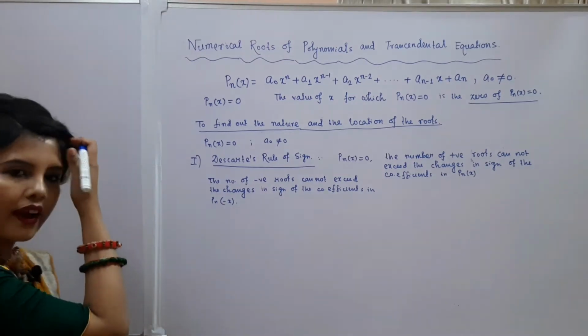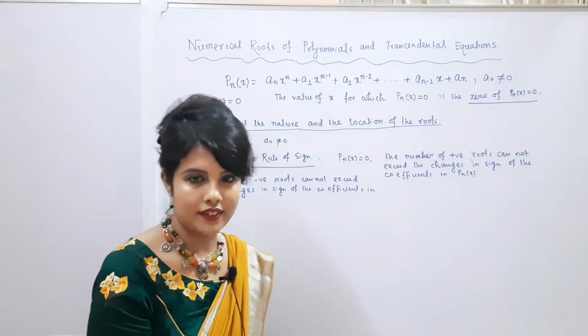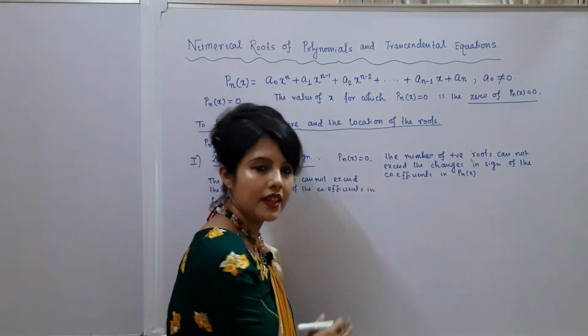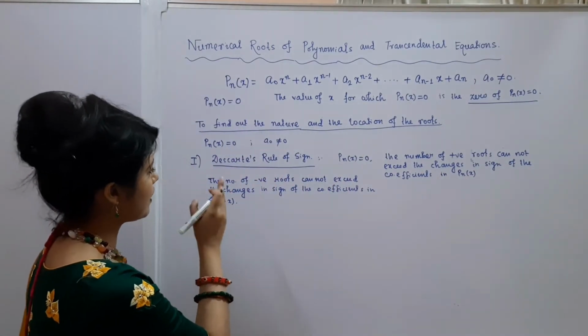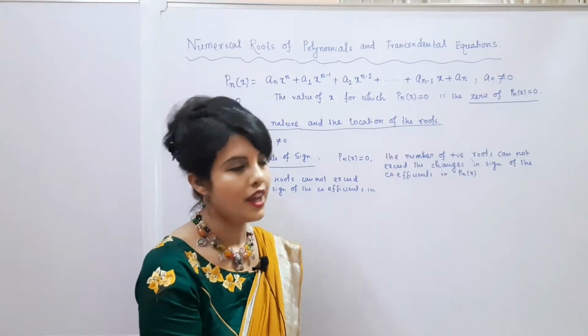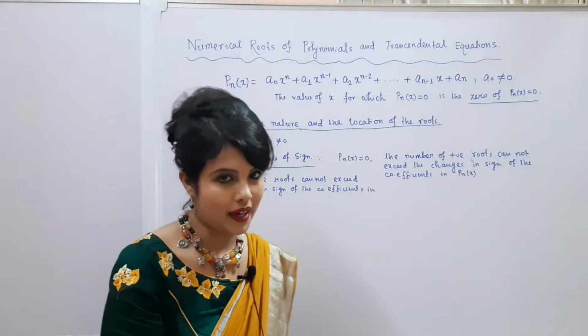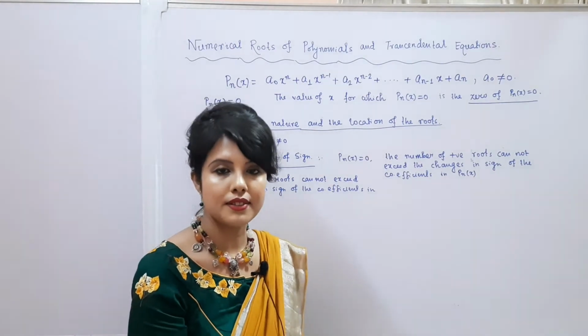So to find out how many positive roots are there, you have to consider Pn(x), and for finding out how many negative roots are there, you have to consider Pn(-x). So this is called Descartes' rule of signs.